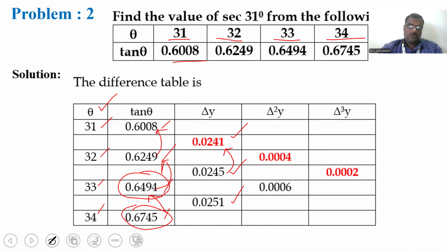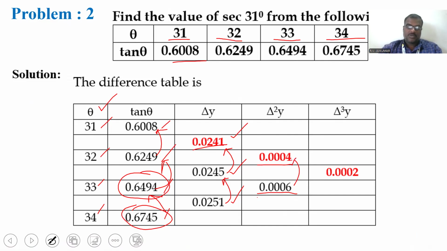Then 0.0245 minus 0.0241, we get 0.0004. Again, we subtract 0.0251 minus 0.0245 equal to 0.0006.